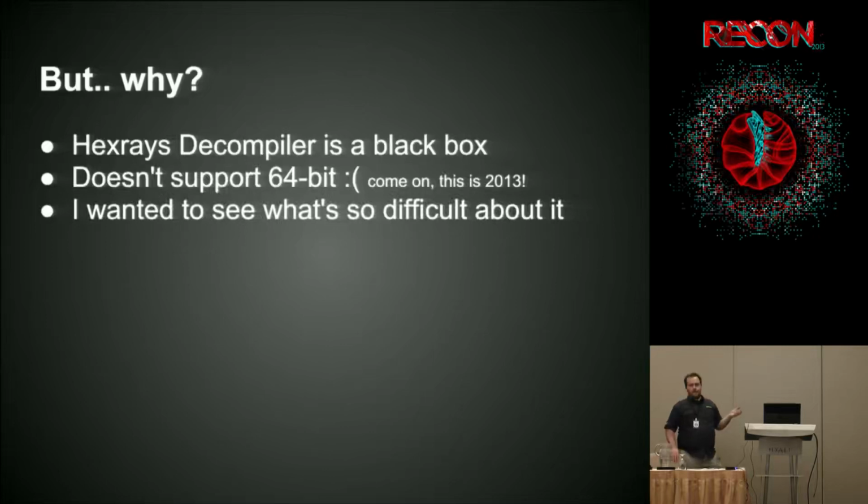So now I'm going to win faster at CTF. I wanted to see what's so difficult about it. Hexrays decompiler got out in 2007, I think, and there's still no 64-bit support. So what's so hard about adding a few instructions, calling convention and stuff?